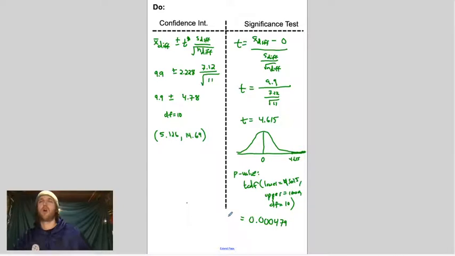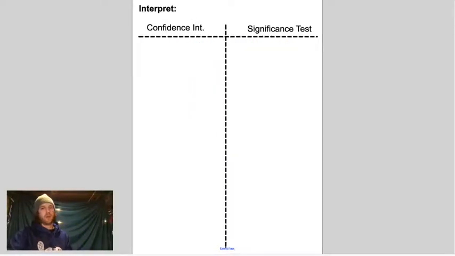They both march hand in hand. 0 is not a plausible value here, and we have a p-value less than alpha, so we have convincing evidence that the difference in heart rate when you're standing and sitting is actually larger than 0. It is a non-zero number.